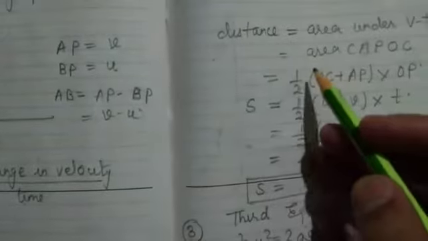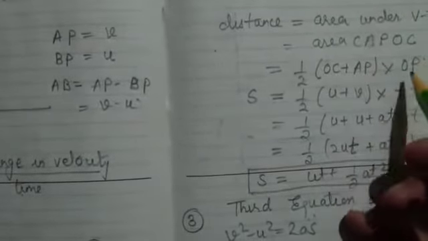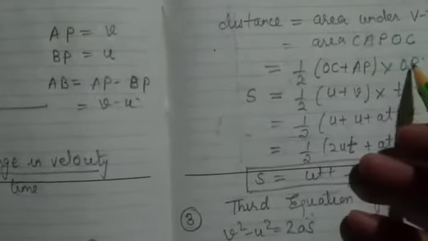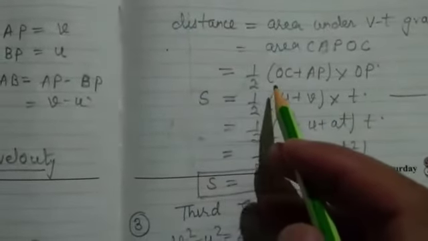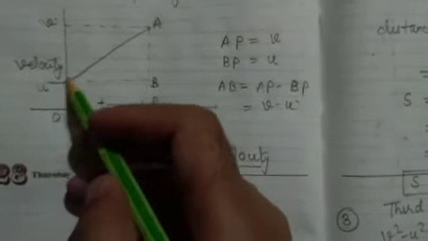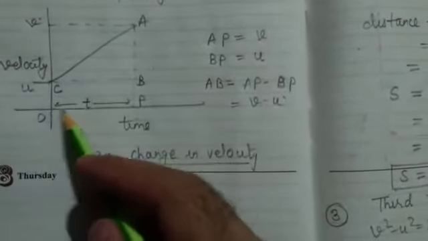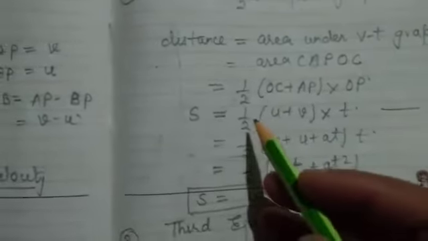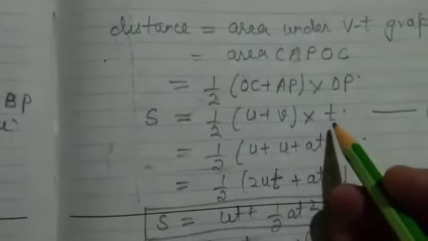I have written it here, half OC plus AP multiplied by OP. Now OC is U and AP is V, and this side is T. So we get half U plus V multiplied by T.